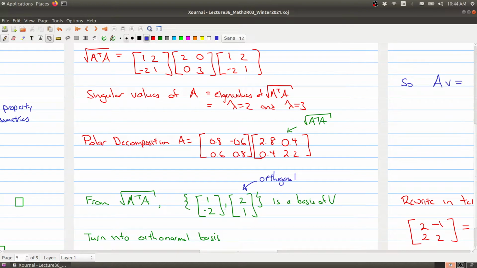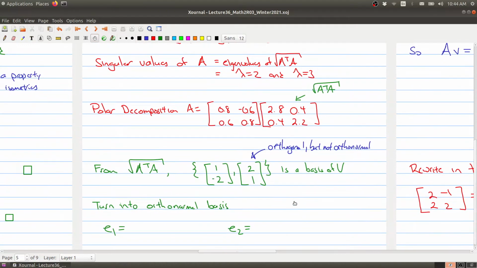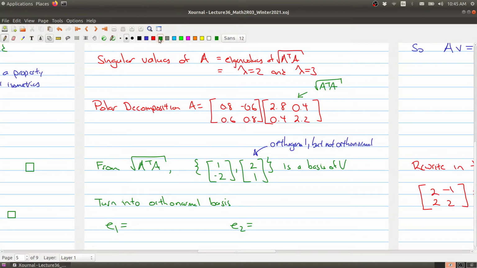They are orthogonal. If you take the regular dot product, you get 0, but they're not orthonormal. They don't have the right norm, they don't have norm 1. But it's okay, you have the Gram-Schmidt process, and you can turn this into an orthonormal basis. So we'll do that. This becomes, and check my notes to make sure I don't mess this up, e1 equals 1 over the square root of 5 and minus 2 over the square root of 5.